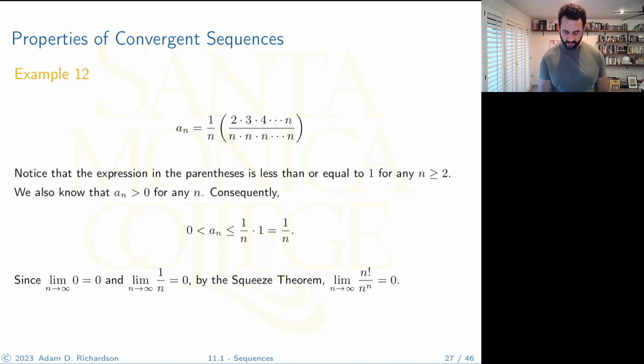Okay, less than or equal to 1 for n greater than or equal to 2. So if I plugged in n equals 2, I'm going to get 3 over, wait, where is it? I'm sorry, hold on a second. I'm losing my train of thought here.